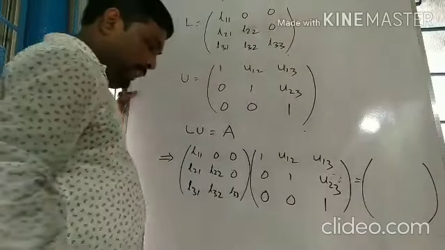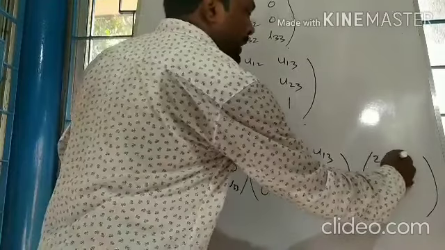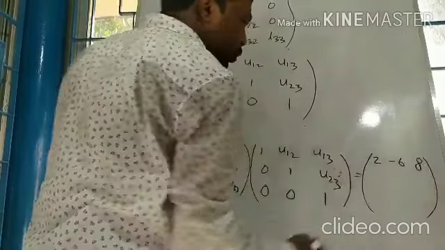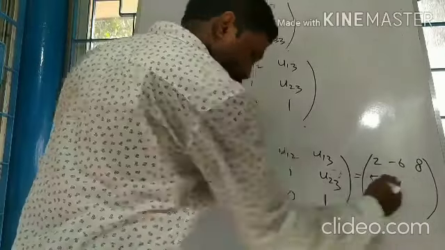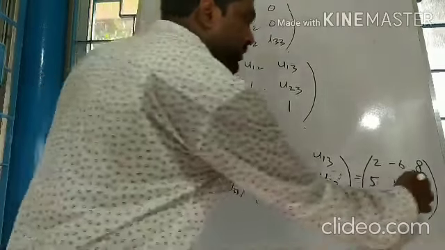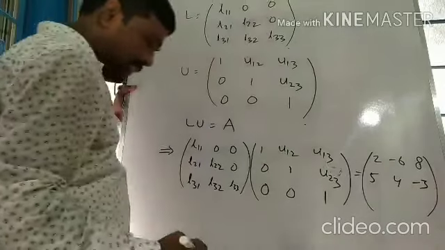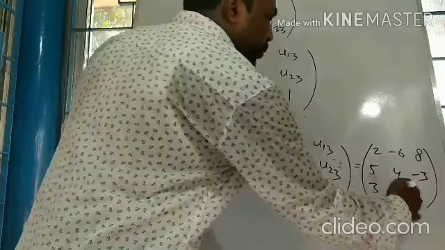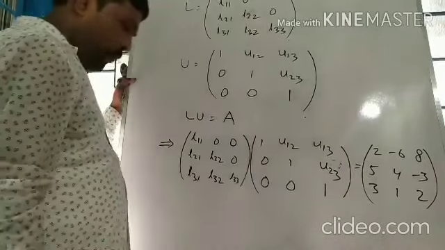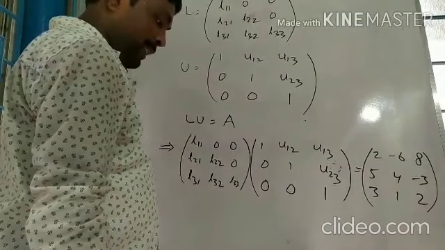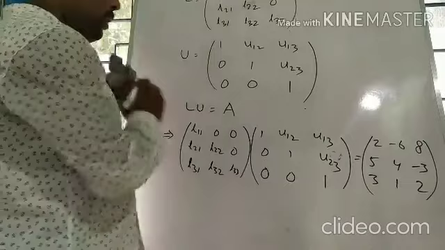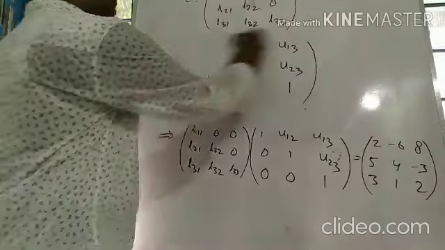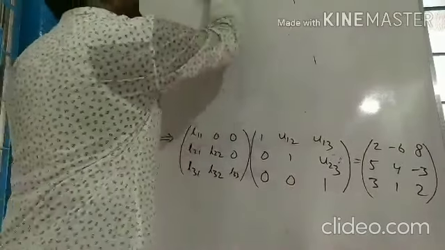Matrix A is [2 minus 6 8; 5 4 minus 3; 3 1 2]. Now simple matrix multiplication.